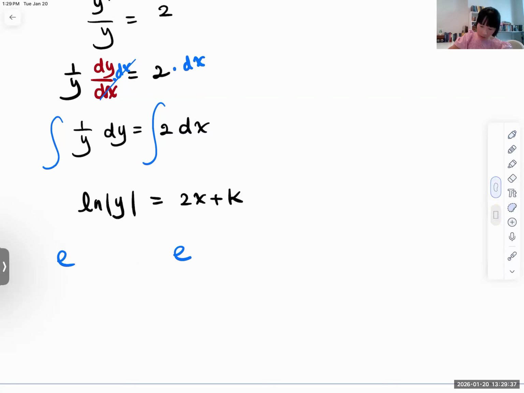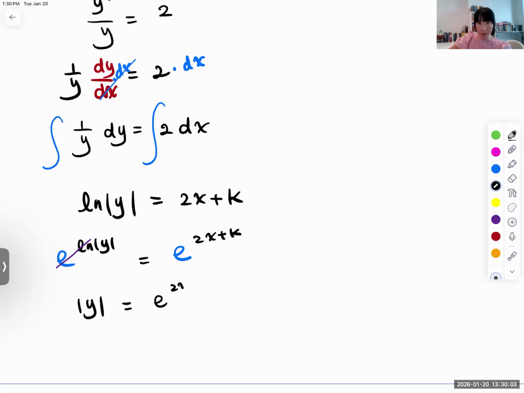Let me just write down. ln absolute value of y equal to 2x plus k. All right, then we can simplify, which is the absolute value of y. And then look, that will be e to the 2x times e to the k, right?